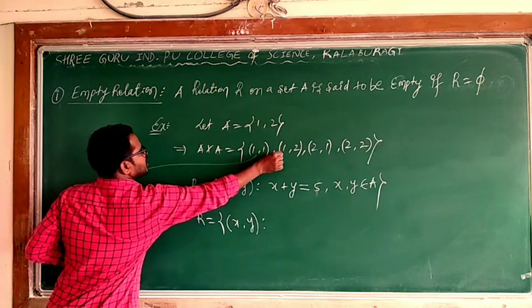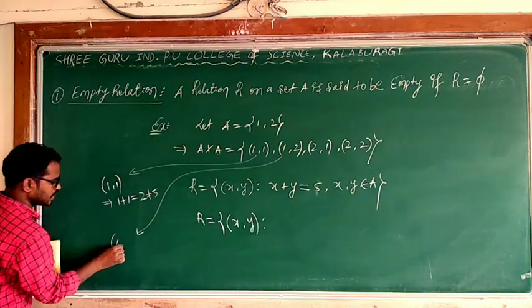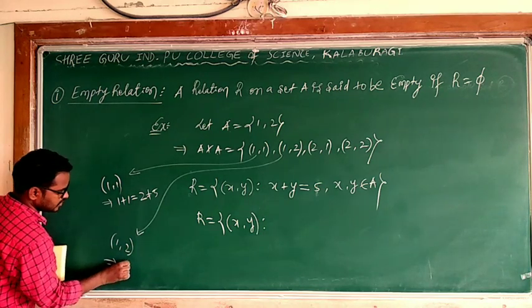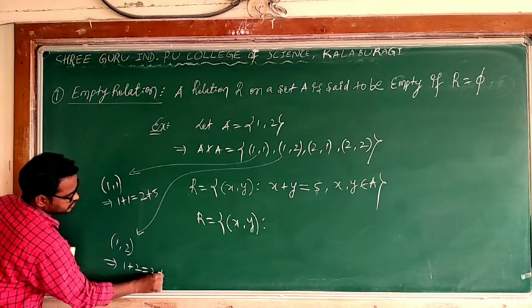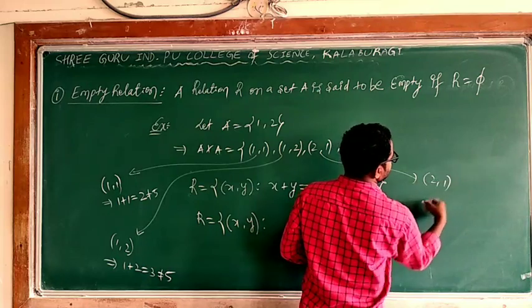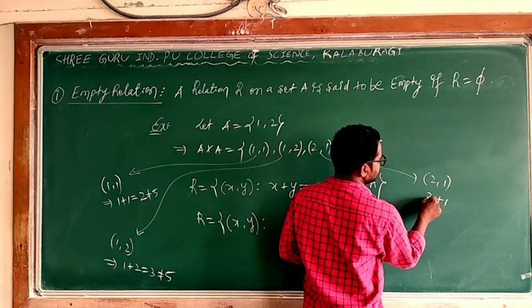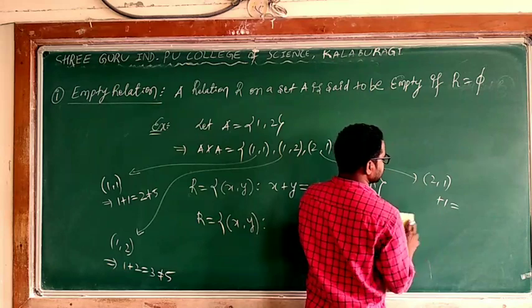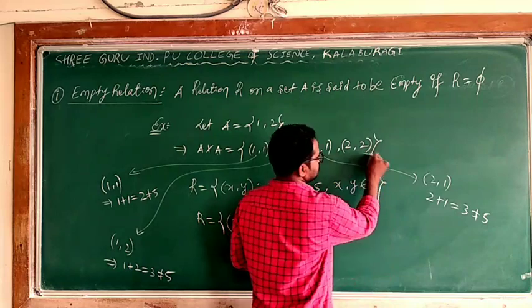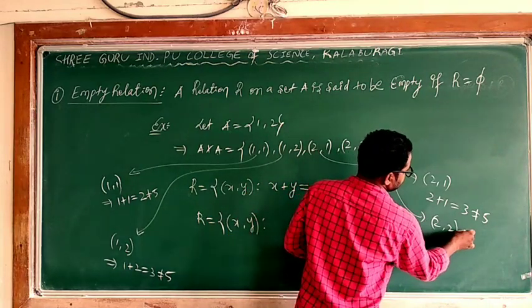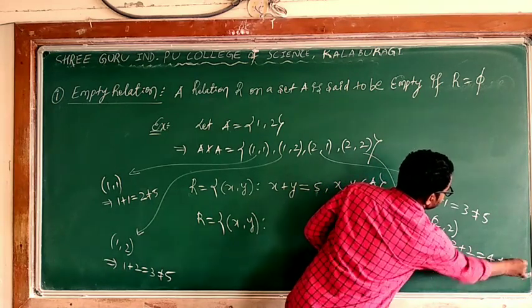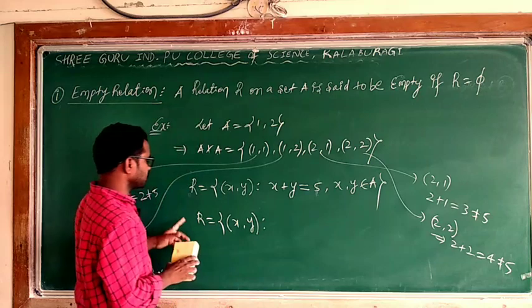Second, (1,2): 1 plus 2 is 3, not equal to 5. (2,1): 2 plus 1 is 3, not equal to 5. (2,2): 2 plus 2 is 4, not equal to 5.